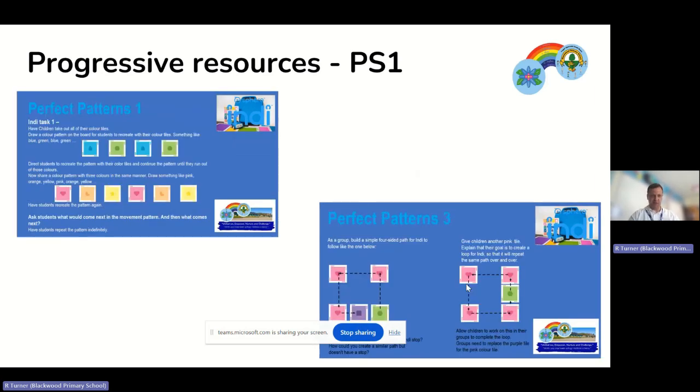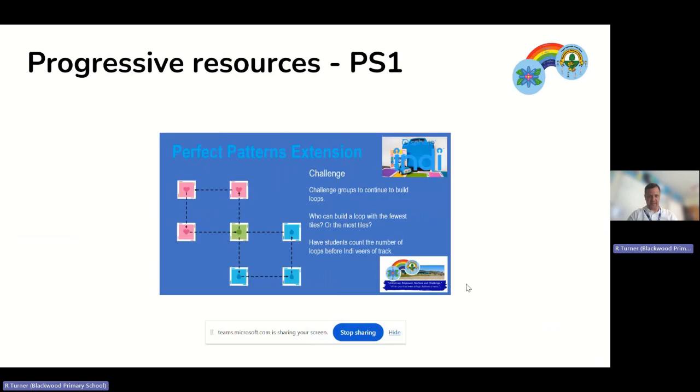Then we move on to perfect patterns, where children work out repeating patterns and what will come next. Down in the bottom right-hand corner, children work out a four-sided path. What do they need to complete it? So there's computational thinking in there as well. And then you can see the extension, which develops with a figure of 8 as children's knowledge grows.